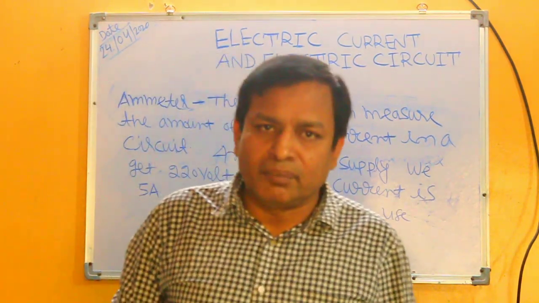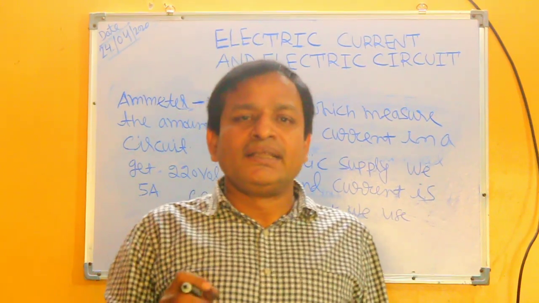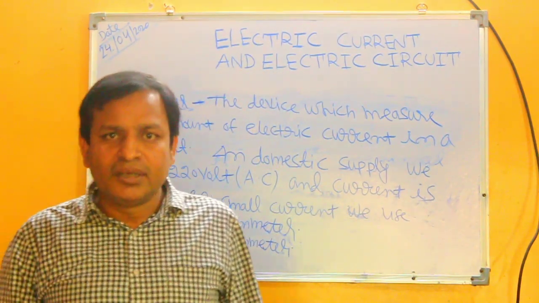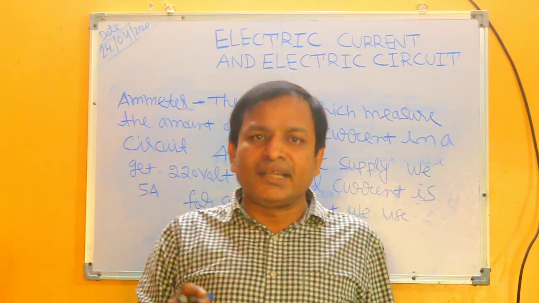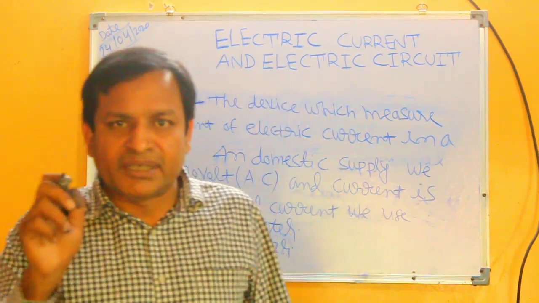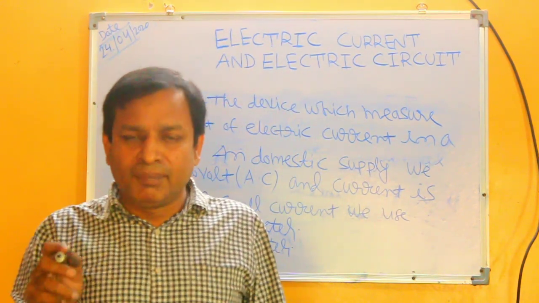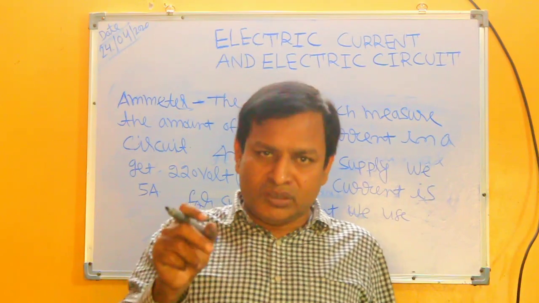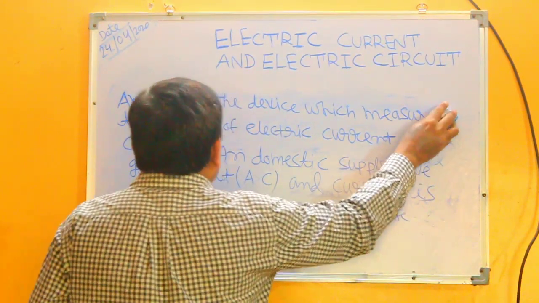The other device that measures very small amounts of current is the galvanometer, which is highly sensitive. A current that is not detected by the ammeter still makes the galvanometer show deflection, even if a very small amount of current is flowing in the circuit.